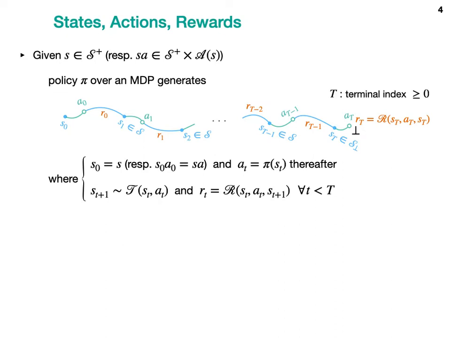T is the terminal index, and such a rollout is terminated when you reach a terminal state denoted by S_T.